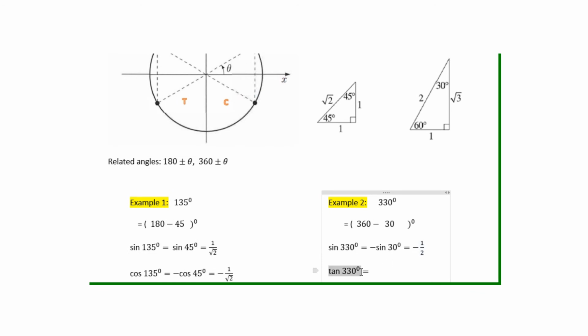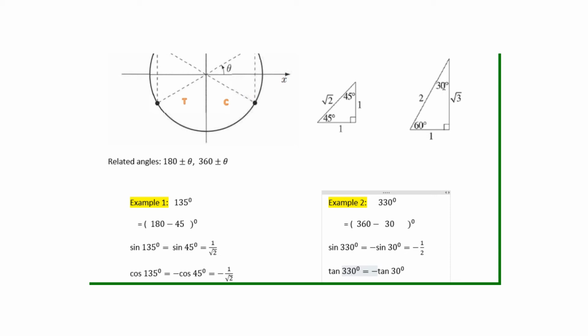Similarly, tan 330 is going to be related to tan 30. Is that positive or negative? So fourth quadrant here, tan is negative, so it's going to be negative of tan 30. Then we use this triangle to work out tan 30.